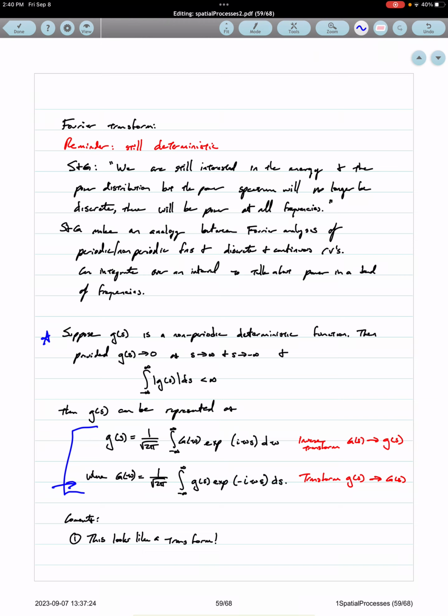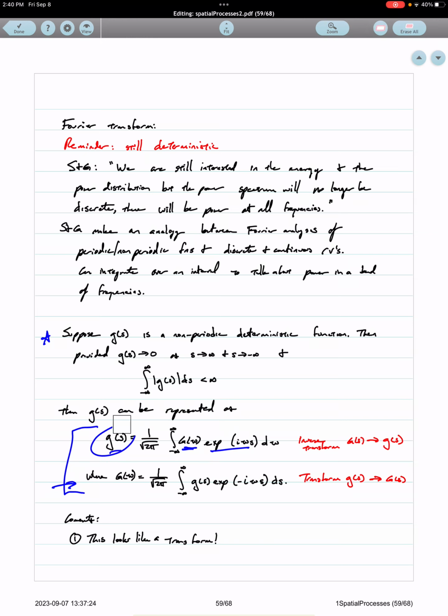So we're dealing with complex numbers. Then we can recover the original function by performing the inverse transform. We take our capital G of omega, integrate it with e to the positive i omega s, and we recover exactly the original function.